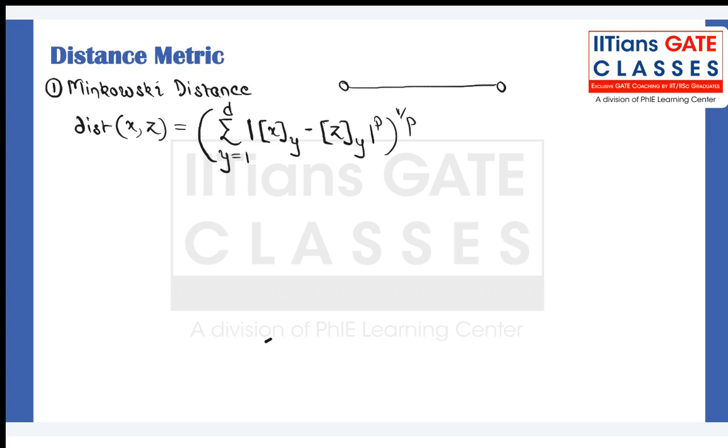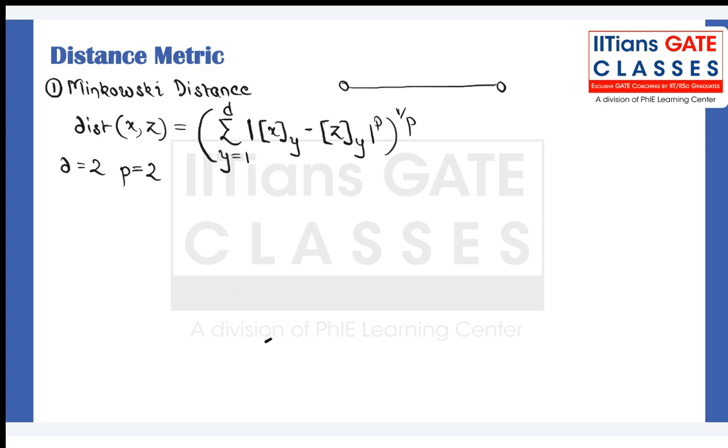Now you might think, what is this? Okay, good, that's absolutely okay if you think that. I will tell you one thing. Let's say D is 2, a two-dimensional space, and let's say your value of P is also 2.